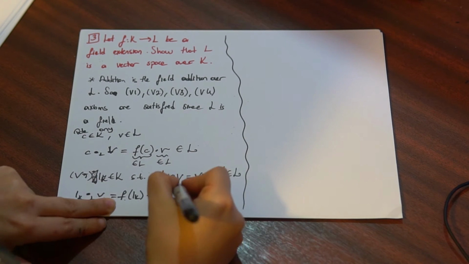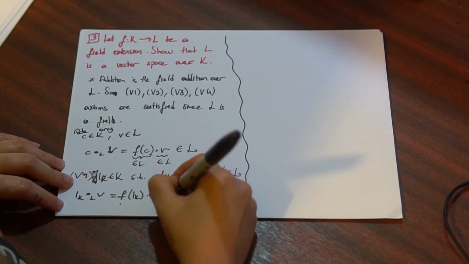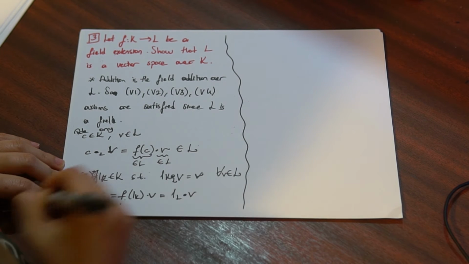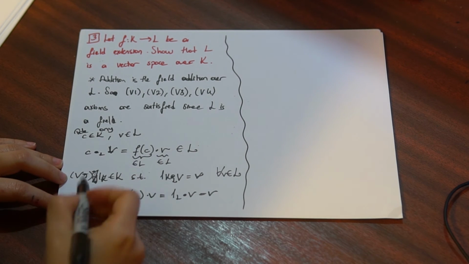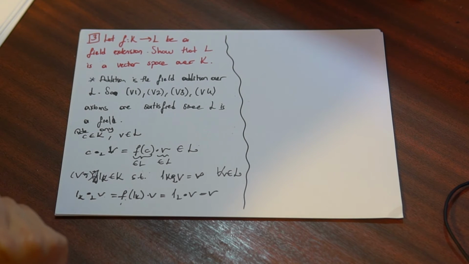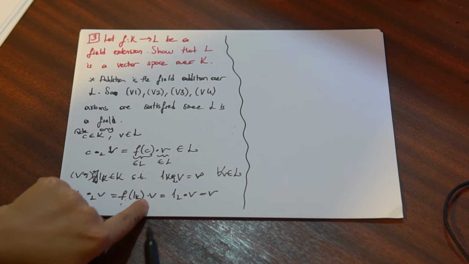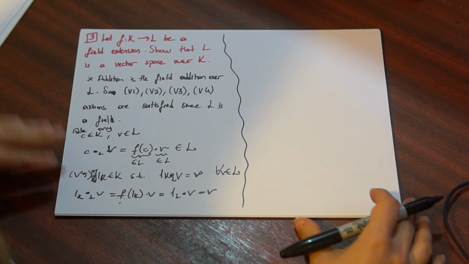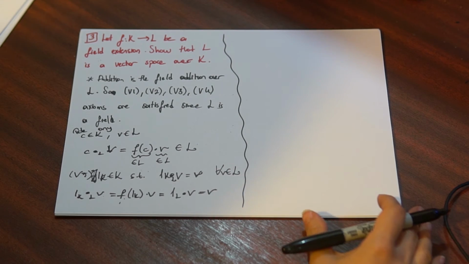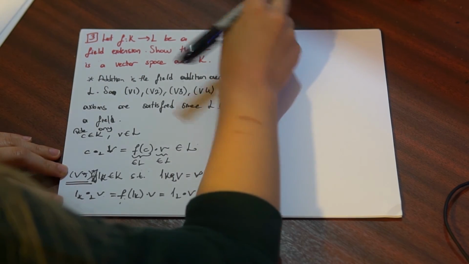And we know from the previous question that f of 1_k is equal to 1_L. This is 1_L times v, and this is v. Please remember that this dot is the vector space product, and this dot is the field product of a field. And this was the fifth vector space axiom.